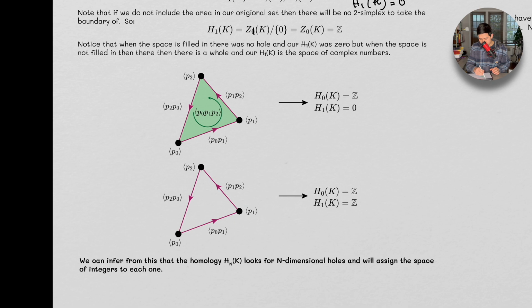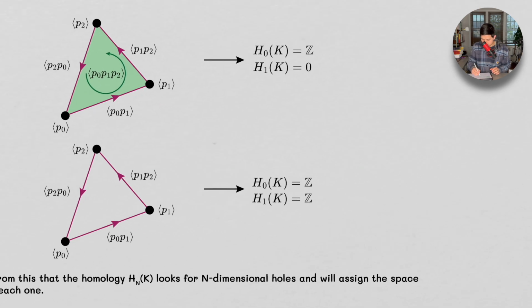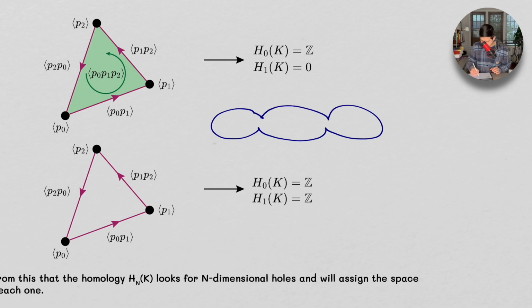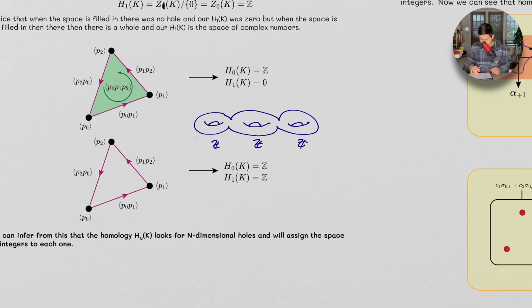So if you have some object like a 3-torus, we're going to have Z, and Z, so we're going to have 3 Z's. We'll see how we write that.